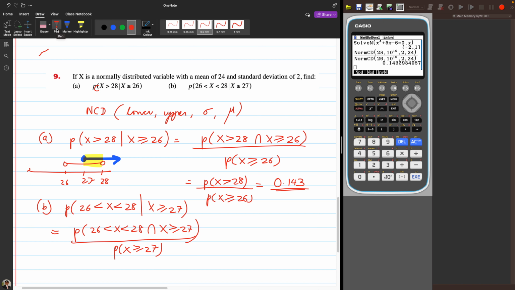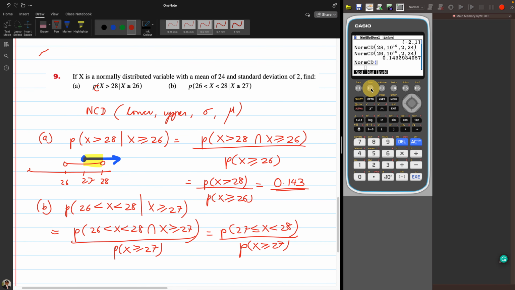So if I combine this into a single thing, probability that 27 is less than or equal to x is less than 28, divided by x is greater than or equal to 27. Put this in the calculator. So fraction, NCD: lower limit 27, upper limit 28, standard deviation 2, mean 24, correct?